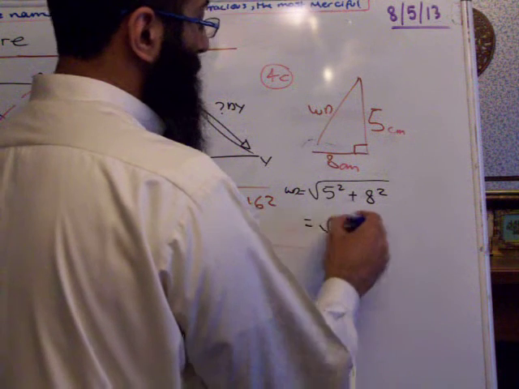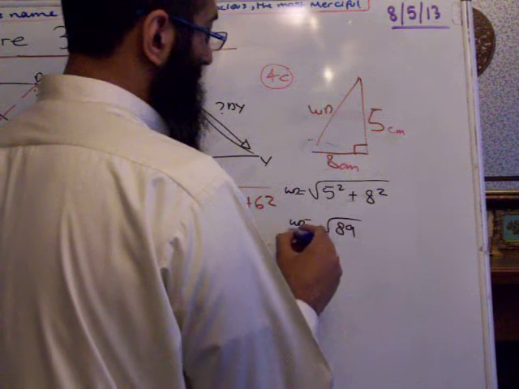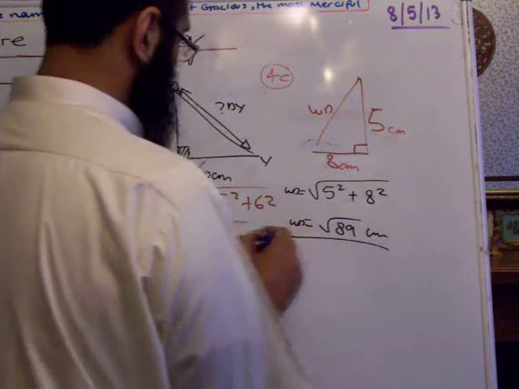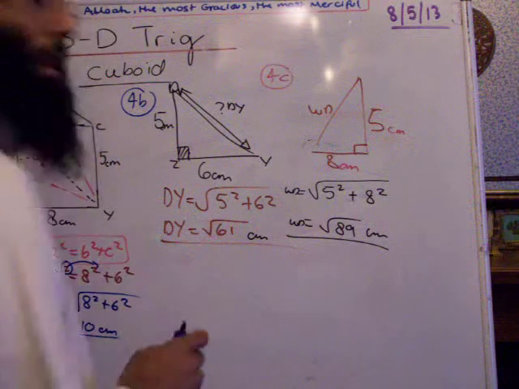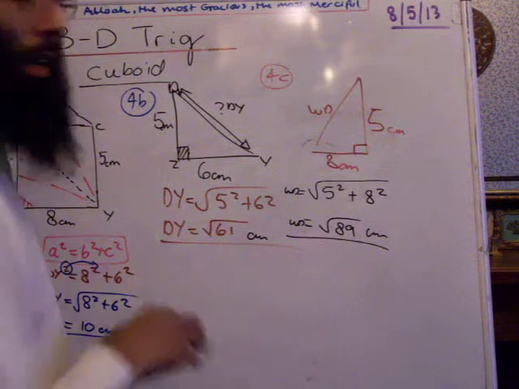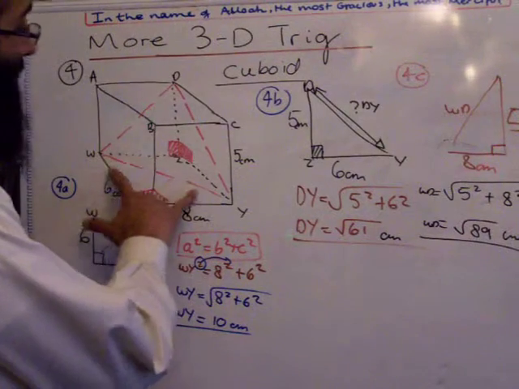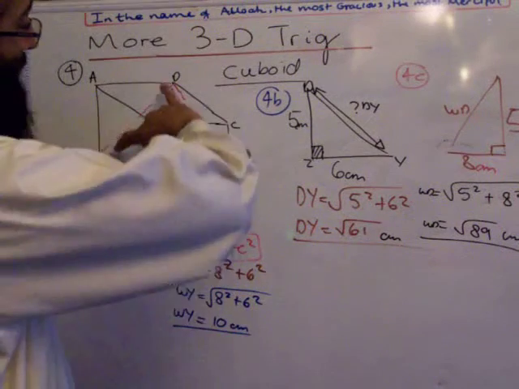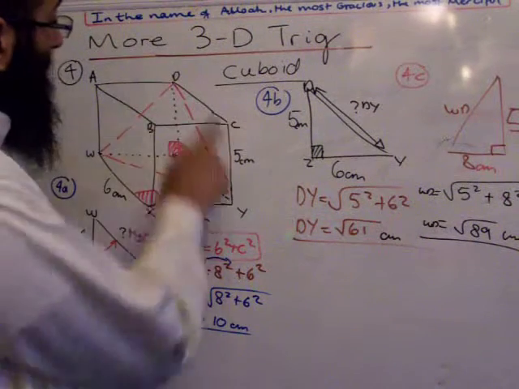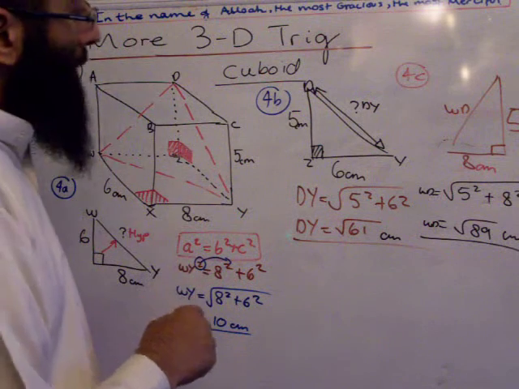So we've now worked out all three lengths: this length here, and this length, and this length. So you now have all three lengths of this red triangle inside the cuboid.